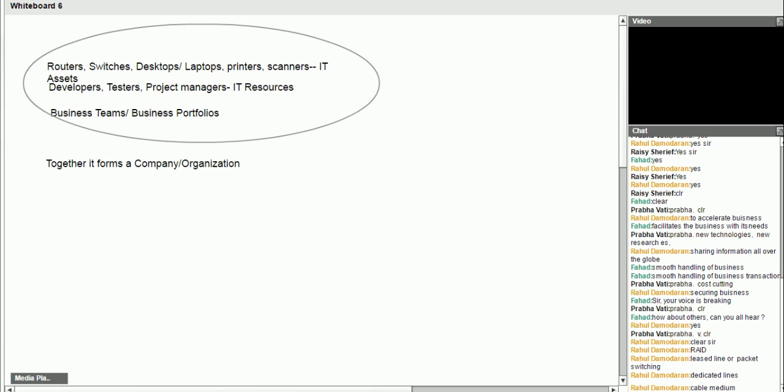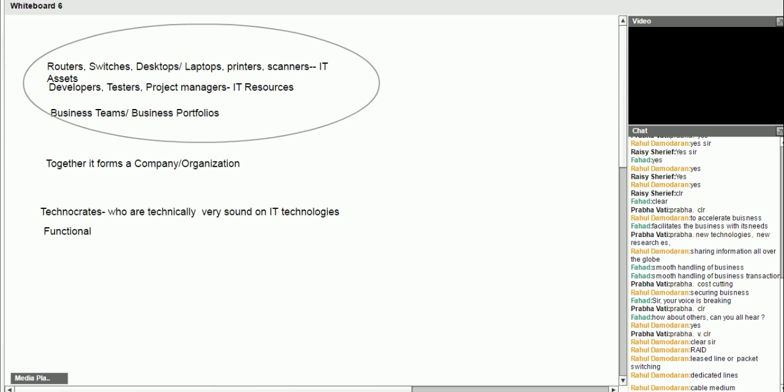Nowadays, people are requiring not only functional guys. There are two terms used. One is technocrats. Technocrats are those people who are technically very sound on technologies. Then you have business, or functional guys.